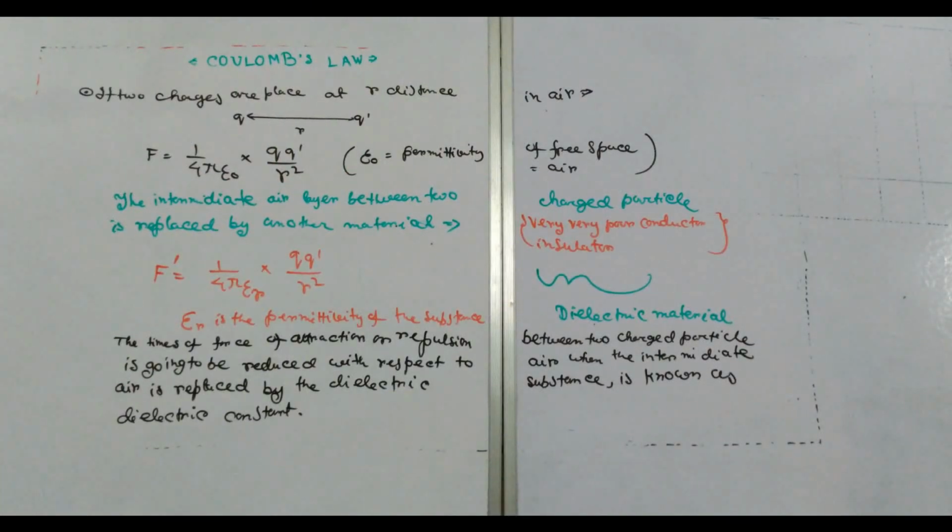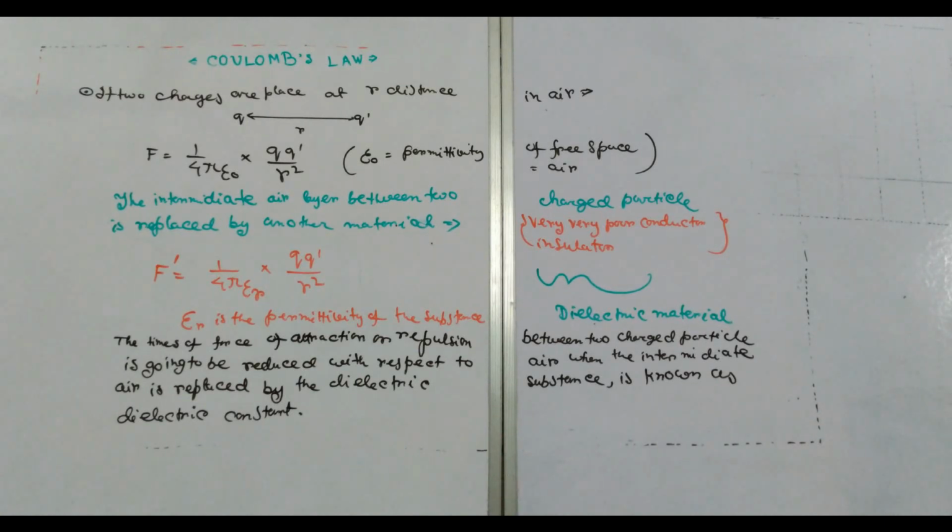So we can define the dielectric constant as the number of times the force of attraction or repulsion between two charged particles is reduced with respect to air when the intermediate air layer is replaced by the dielectric substance.